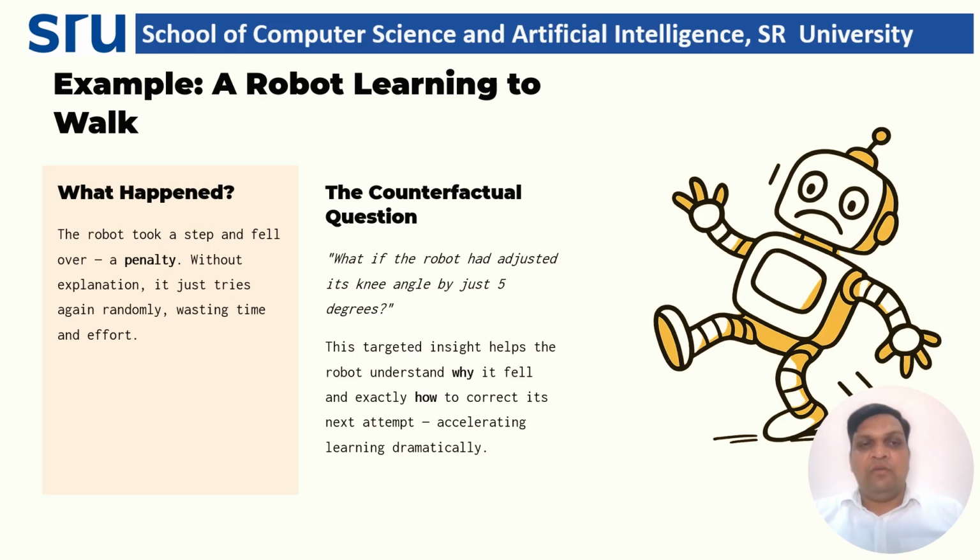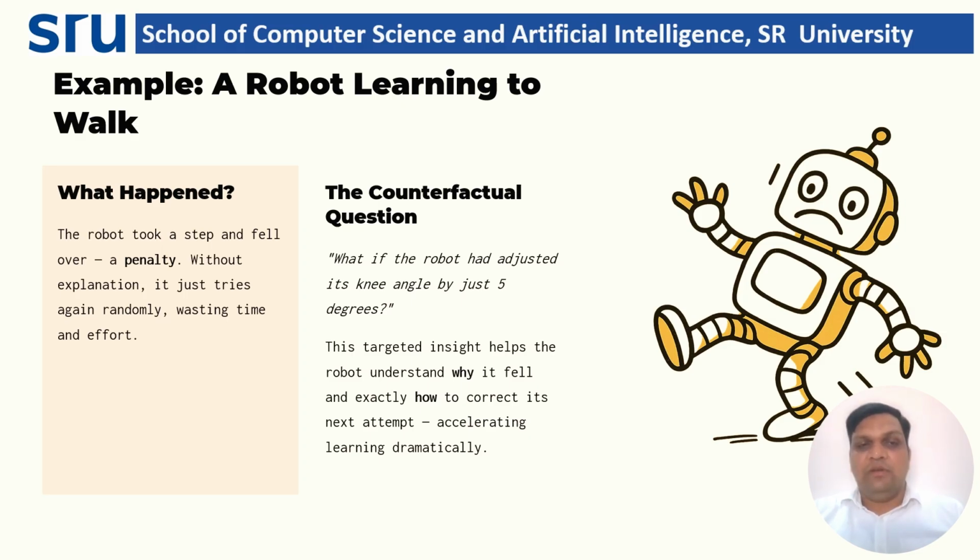Example, a robot learning to walk. What happens? The robot took a step and fell over. A penalty without explanation. It just tries again randomly, wasting time and effort.